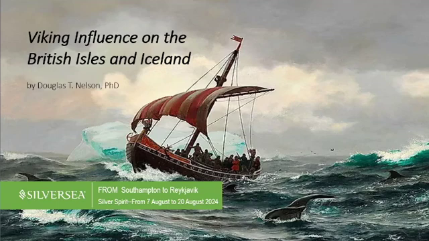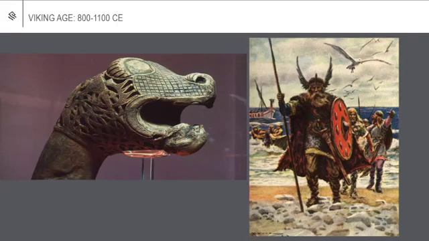And ultimately, if you think about it, Rus, where do you see that today? Russia. The name Russia comes from the Vikings, because the first ruler of Russian areas was Rurik, who was a Viking.